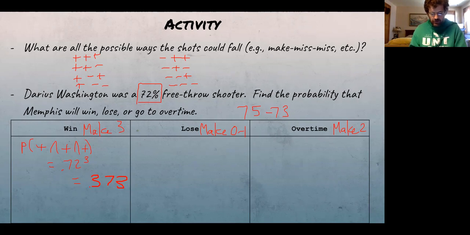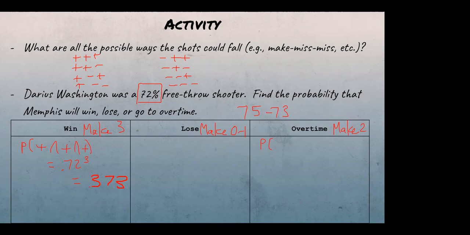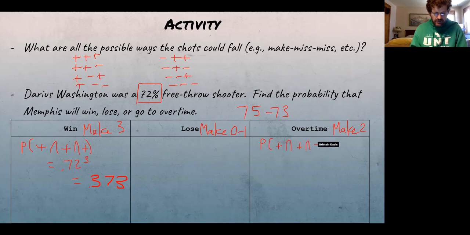I'm going to jump over to overtime again. The probability that we're calculating here is what? Making 2 and missing 1. Make and miss. You guys should be able to find that. I'll just put the equals there.